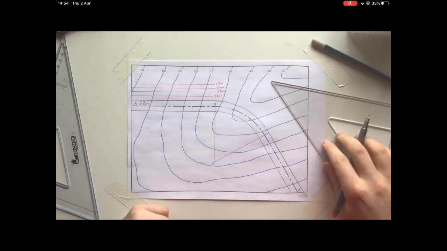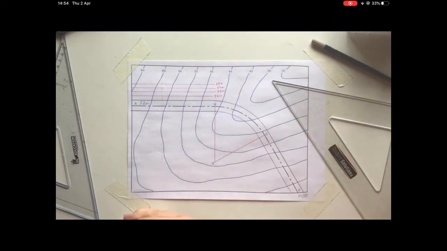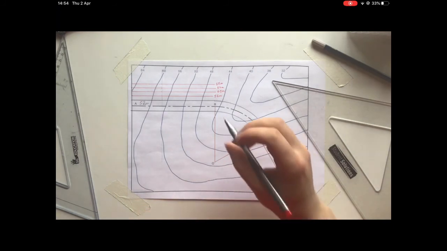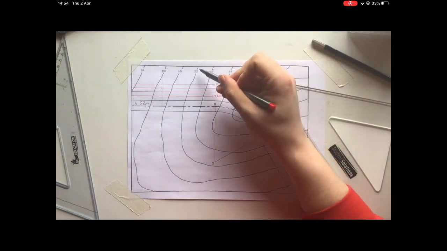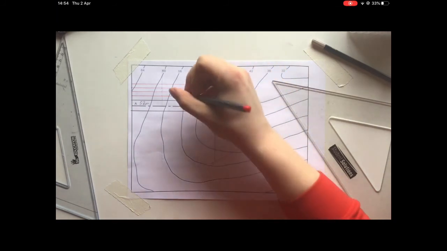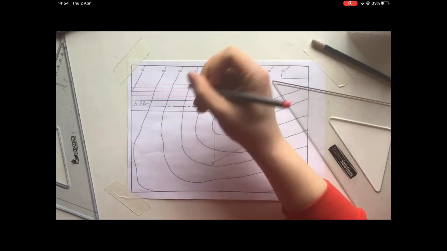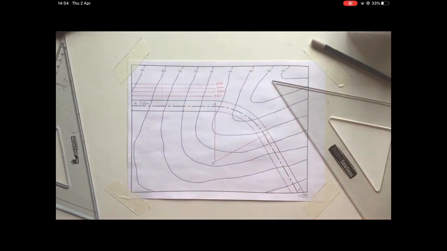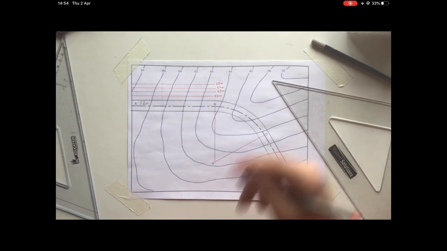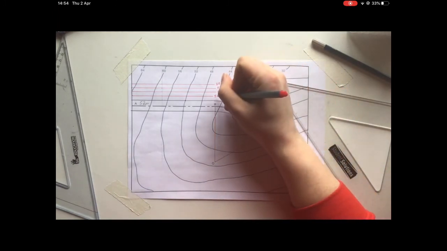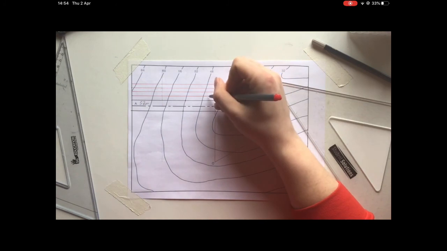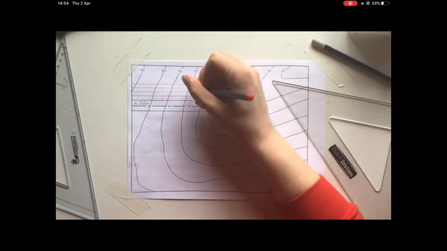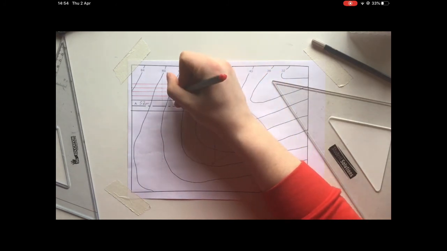Okay. Next we're going to mark off where our 52 contour meets the road. Our 52 meter contour meets the road here and here. There are our starting points. Next is just follow the dots. So 56 meters along this red line, we go to our 56 meter contour, which is here, and mark a dot.